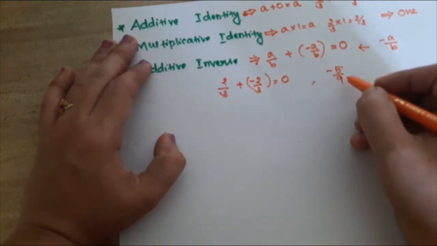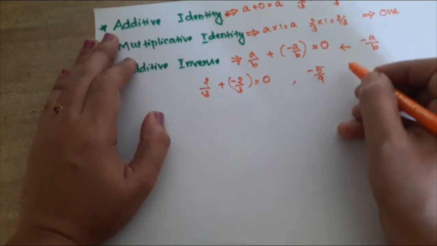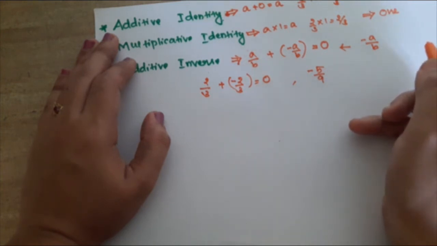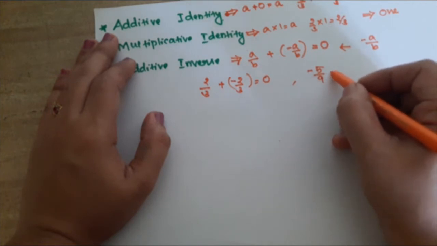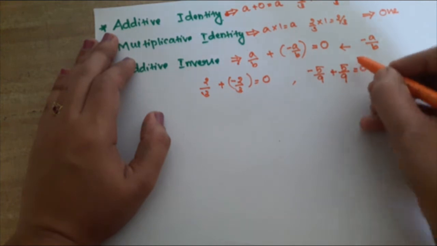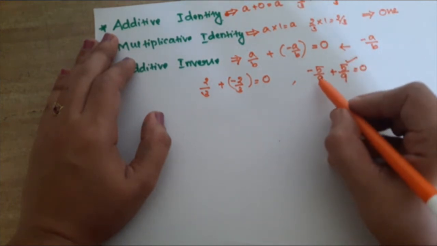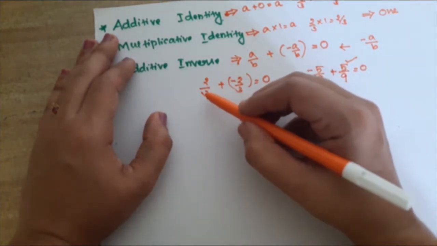What is the additive inverse of minus 5 by 9? Check it. When we get 0, that will be the additive inverse of the number. When we add 5 by 9 to minus 5 by 9, we get 0. So 5 by 9 is the additive inverse of minus 5 by 9, and minus 2 by 3 is the additive inverse of 2 by 3.